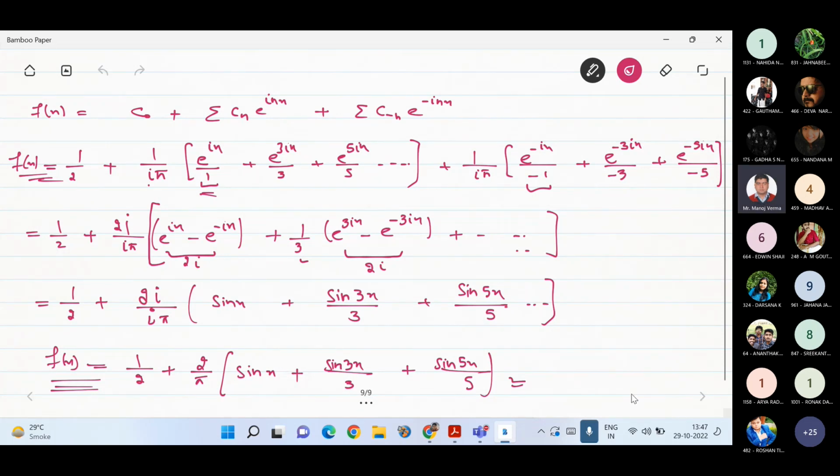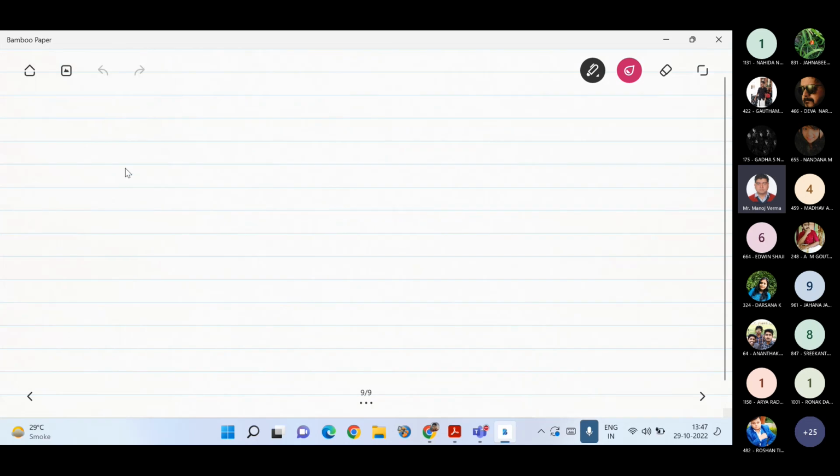We will do one more question, a simple question on this. Let's say there is a function e raised to the power minus x, and it is defined in this range.